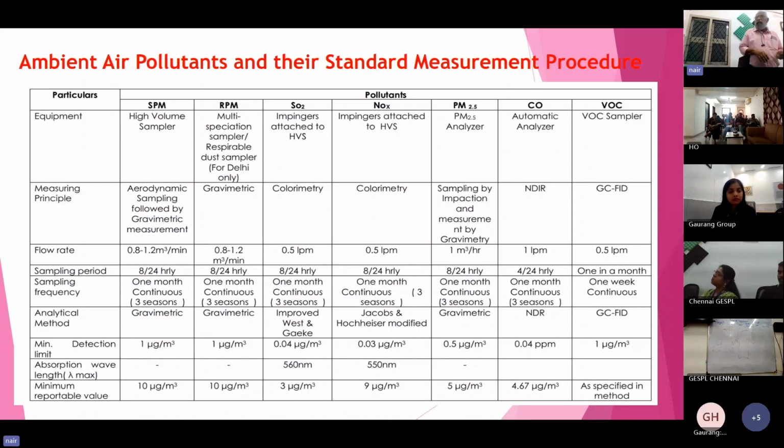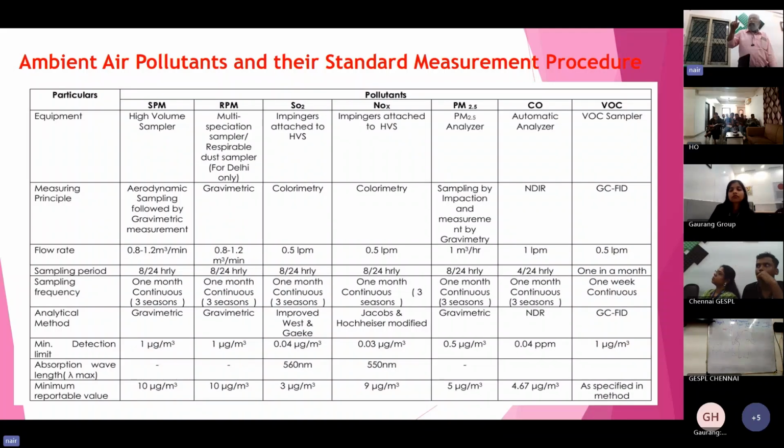Then he has to calculate per m³, and only then can they give the result in microgram per m³. So if the laboratory has to report microgram per m³, the laboratory person has to know which flow rate this man has used for the sampling.